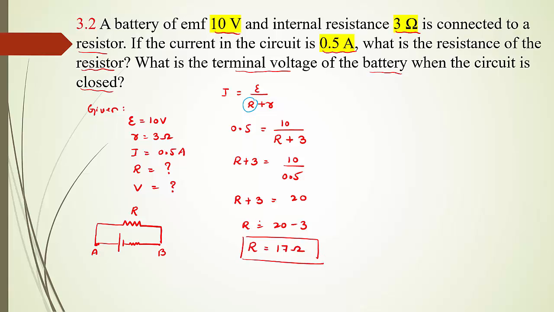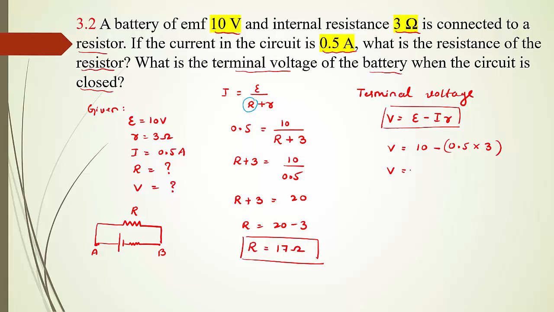So we will get the resistance of the resistor as 17 ohm. Similarly, we have to calculate the terminal voltage. The terminal voltage is given by the equation V equal to E minus Ir. We have to use this equation to find the terminal voltage. Now substitute the values. V equal to E value, 10, minus I value, 0.5, into internal resistance, 3. 10 minus 0.5 into 3 will be how much? 1.5.